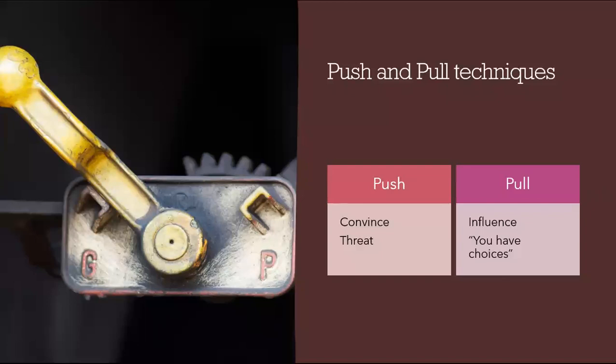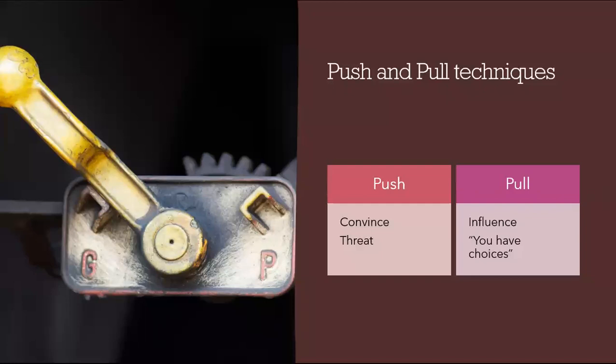Push is like threatening the other party, using coercive power, or using logic to convince, like saying you must do this because of something. That is push, using logic, using threat. On the other hand, pull is not using threat, but using influence.